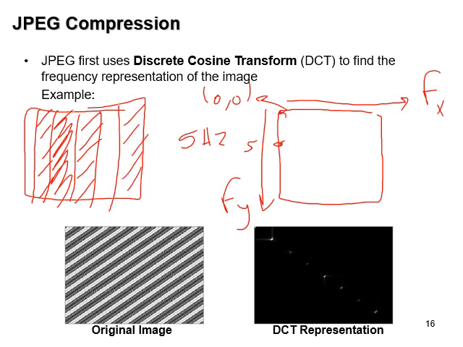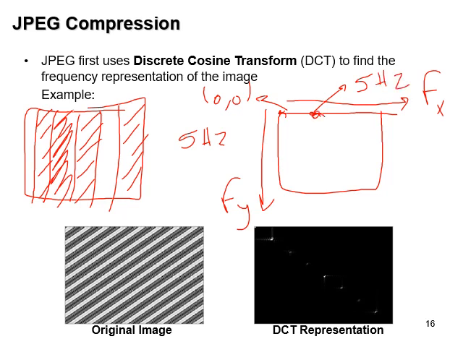This means that vertically there is no change. The change is only in the horizontal direction, so you have a horizontal sine wave. Let's assume the frequency here was also 5 Hertz. In that case, we wouldn't have this value here. Again, this is your origin, and your value would be around here, because you have a frequency in the horizontal direction at 5 Hertz. So you have a high value representing the power of that frequency at 5 Hertz.